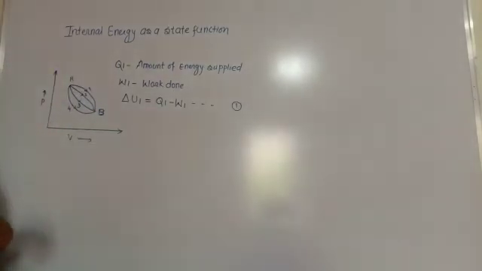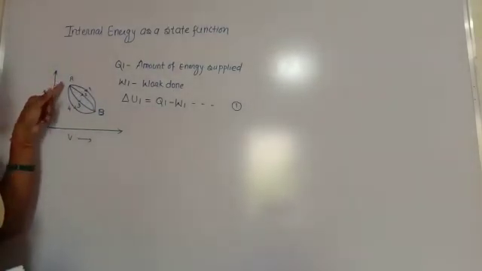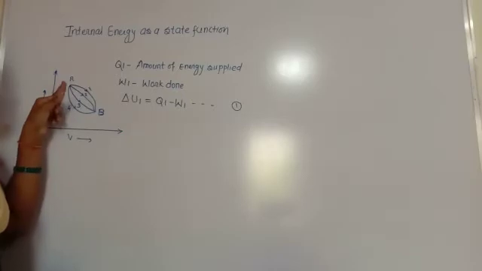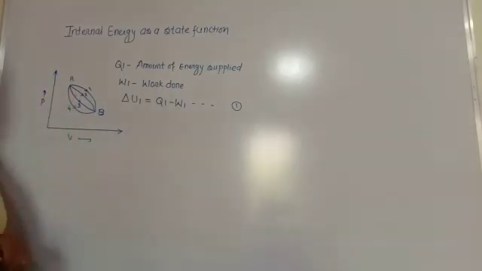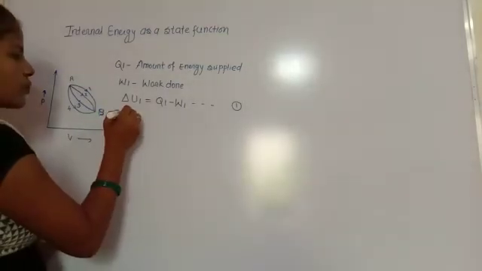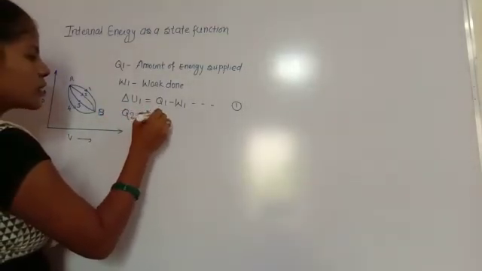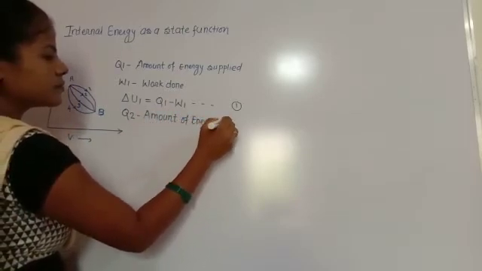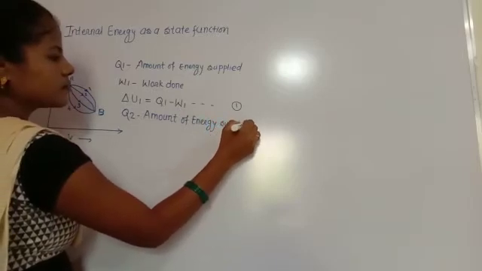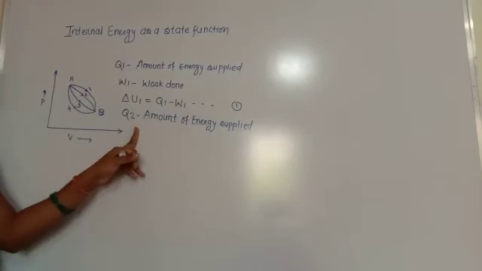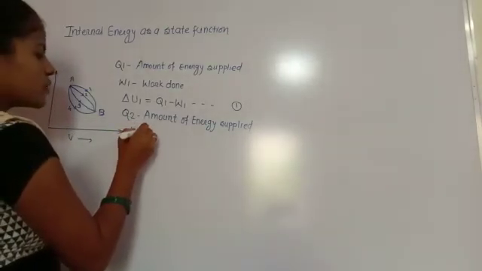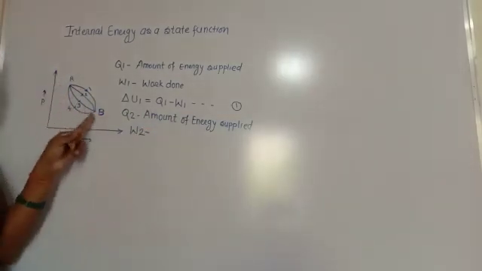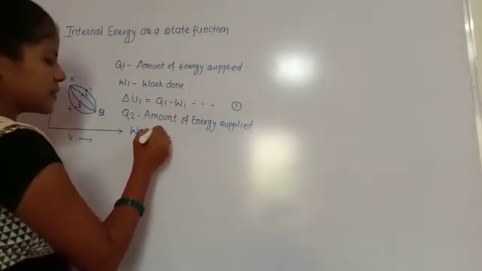Then, in going from initial state A to final state B through path 2, Q2 is the total amount of energy supplied, and W2 is the amount of work done against external pressure.